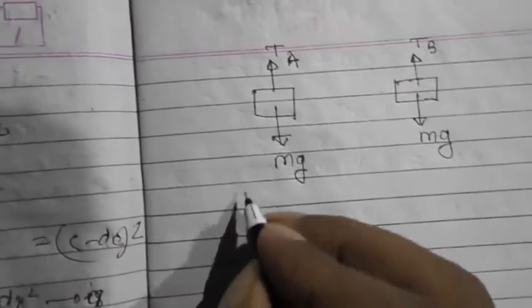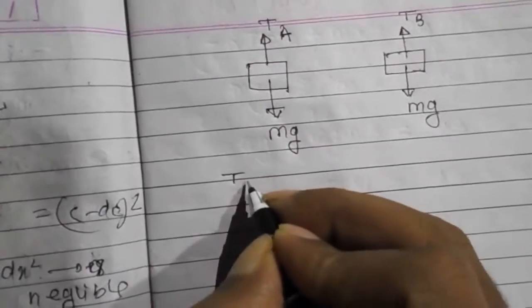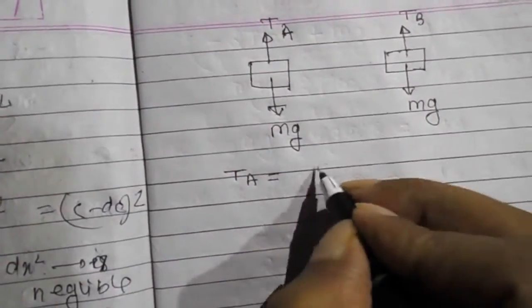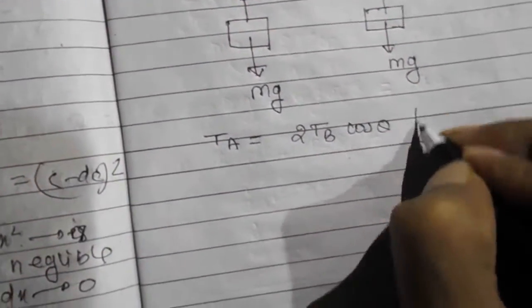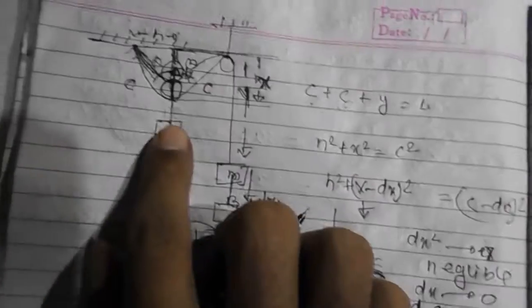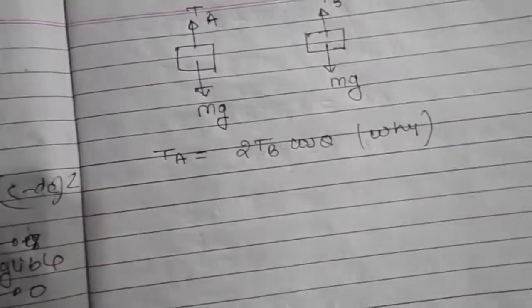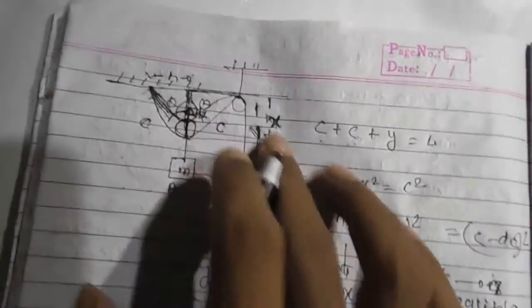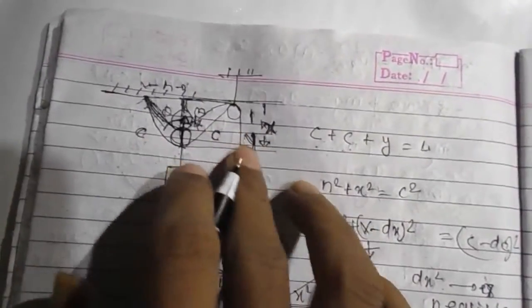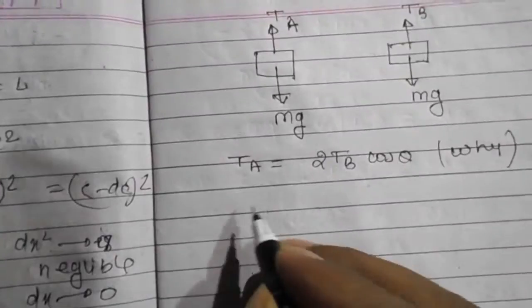Okay, if you see it carefully, TA is equal to 2 TB cos theta. The question is why. TA is equal to 2TB cos theta. Why? You should do it by yourself. I'm not going to explain. If you work on it, then you will find why TA is equal to 2TB cos theta.